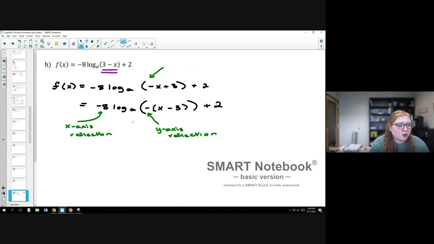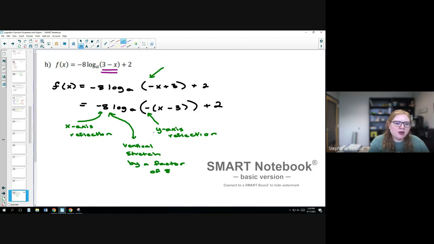Now there's a couple more we've got to talk about because we also have this 8 here. That 8 is being multiplied onto the front of the logarithm, so we would say that that is a vertical stretch by a factor of 8. So vertical stretch by a factor of 8.